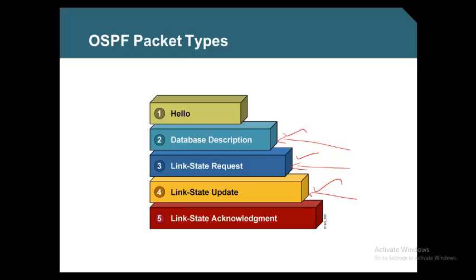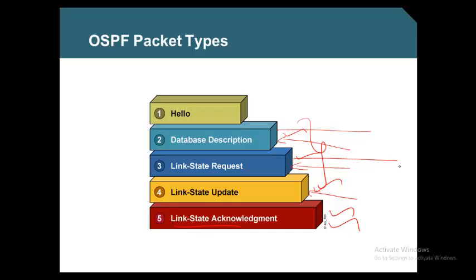Now, for all these three, acknowledgement is going to be sent. When someone sends DBD, LSAC will go. This is not LSA, this is LSAC. And when someone sends LSR, LSAC will say, I received your LSR.